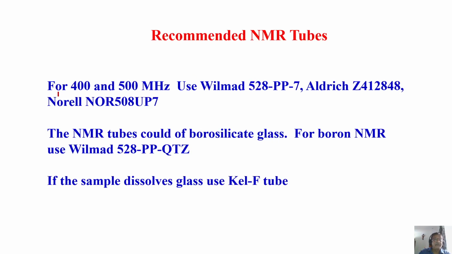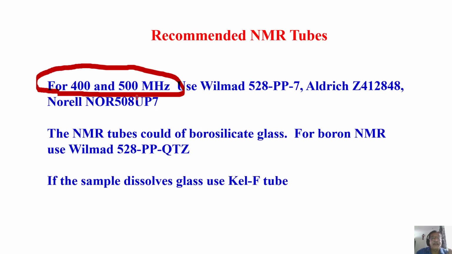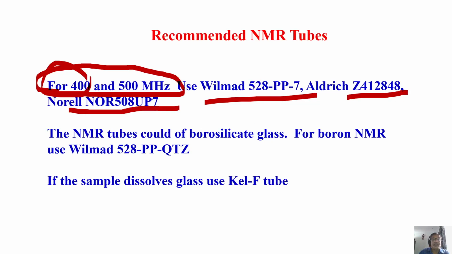For example, if you have a 400 or 500 megahertz spectrometer, and you are recording the spectrum in either of them, you have to use Wilmad NMR tubes whose numbers are 528-PP-7, and Aldrich this number, and Norell NOR 508-UP-7. These are the tubes which you have to use because it is time tested.